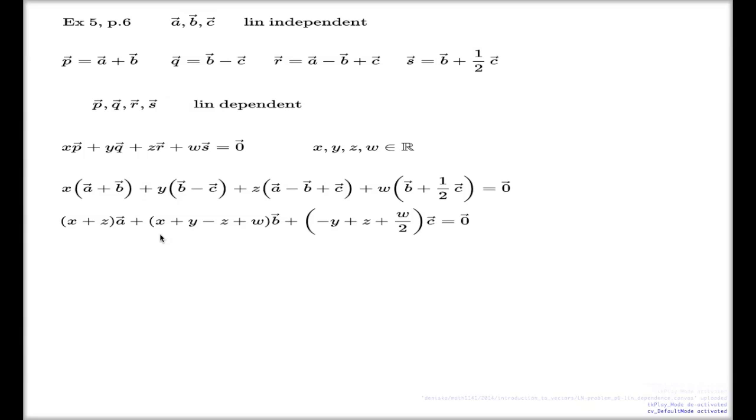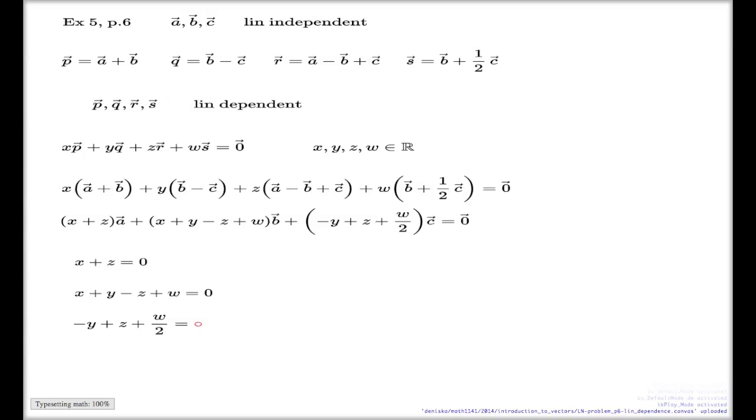So I can now conclude that every bracket here should be 0, because A, B, and C are linearly independent. Here's my conclusion, which I'm going to put in writing now. Here's bracket number 1, bracket number 2, and bracket number 3. And I'm going to look at these three identities as a system of linear equations.